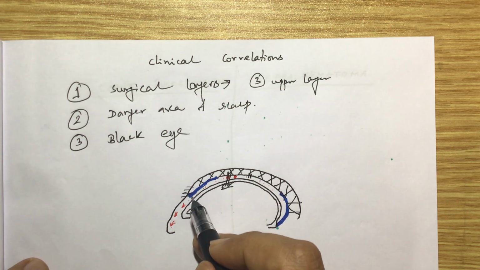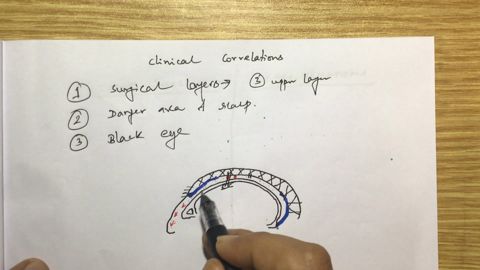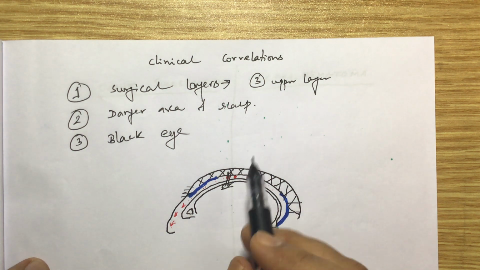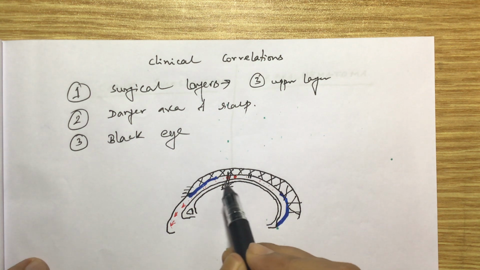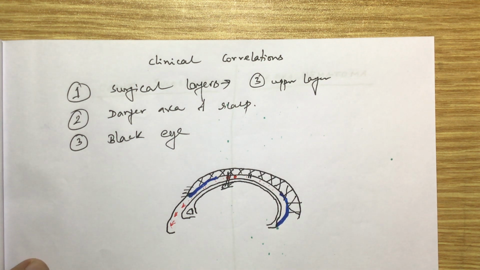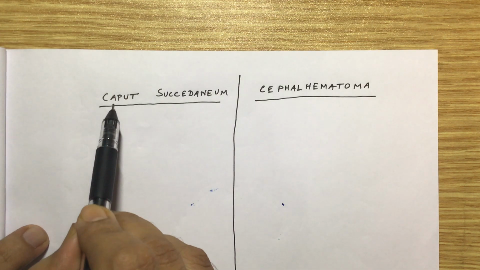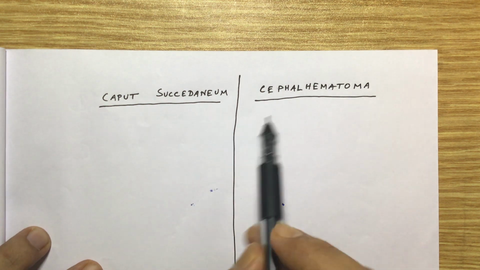As there is no bony attachment of the third layer, it can easily gravitate down, and that gives rise to the black eye. We have also discussed the safety valve when there is an injury here, already described.